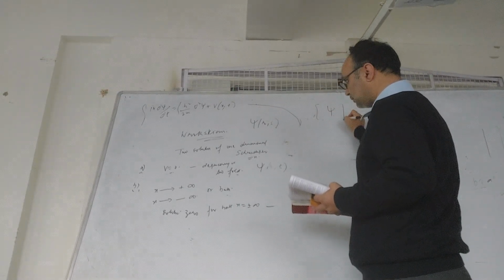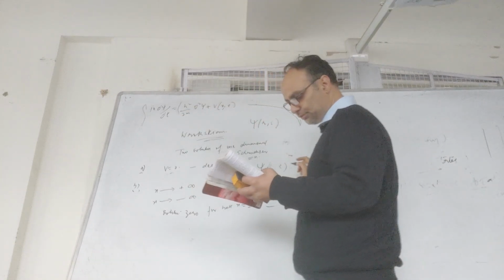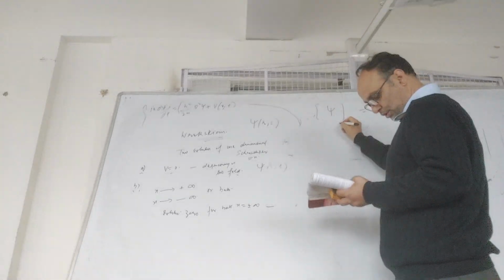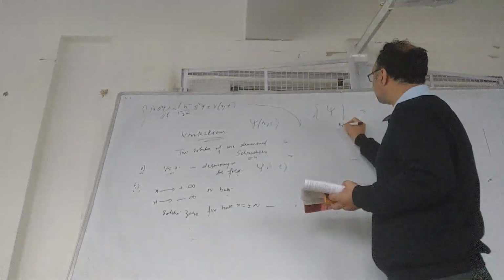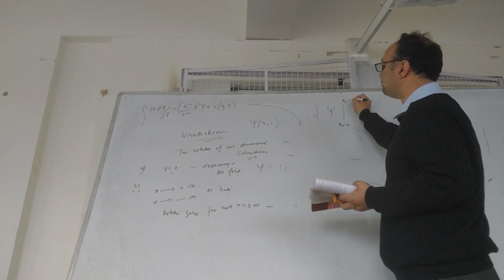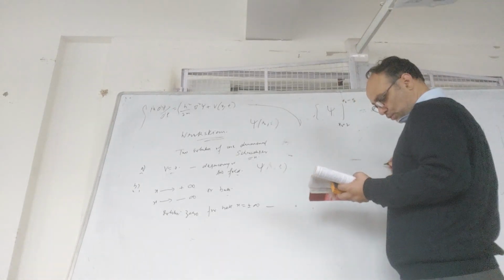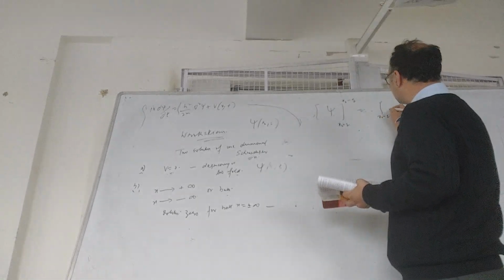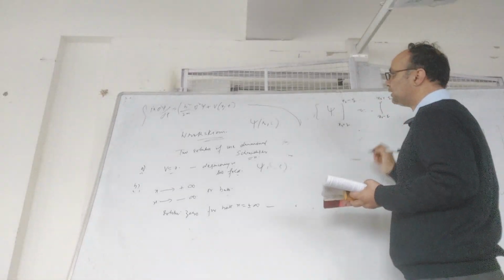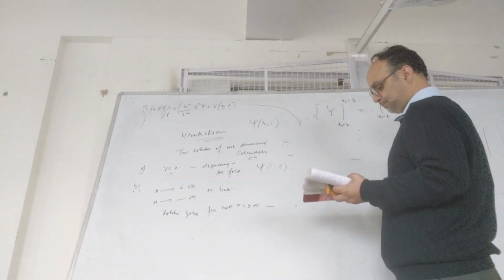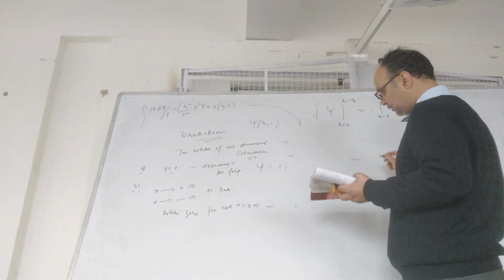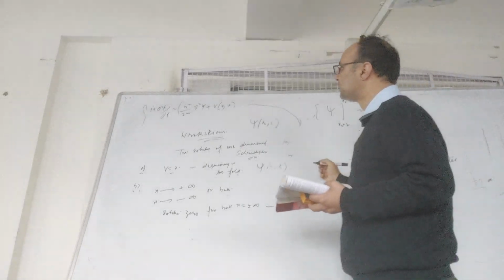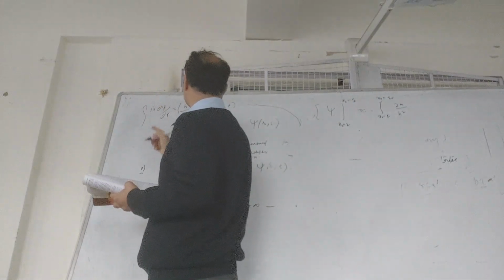So the equation will take the form like this: the value of psi, this d psi by dt integrated, so it will have a value, but we take the value of psi at x naught plus epsilon and x naught minus epsilon. Okay, so the solution we get will come out to x naught minus epsilon to x naught plus epsilon, right, so it will come out to be 2m by h squared.